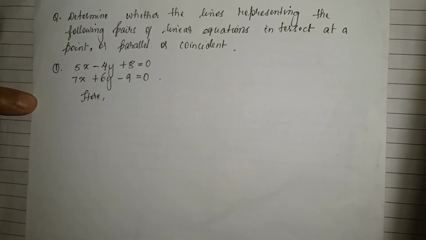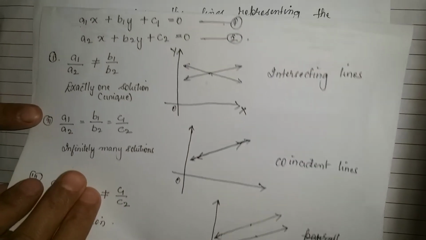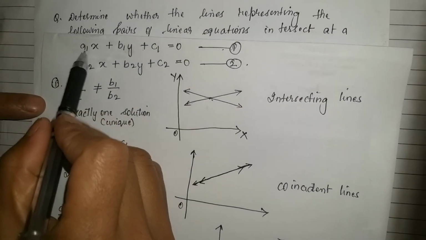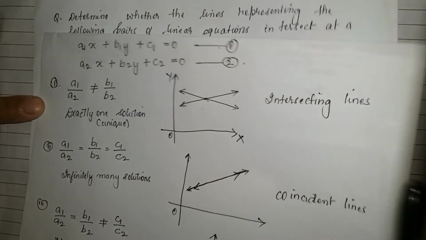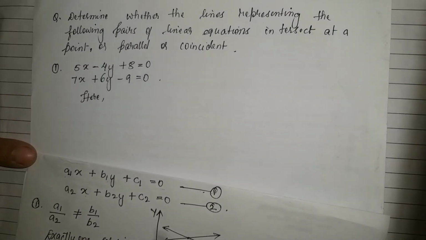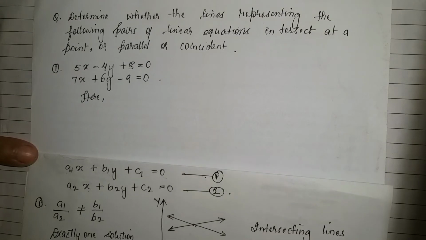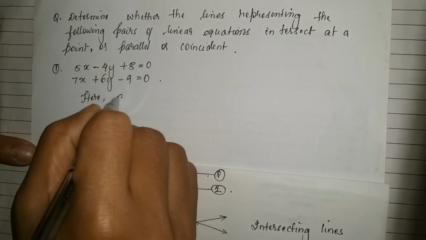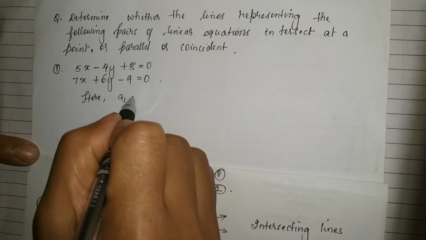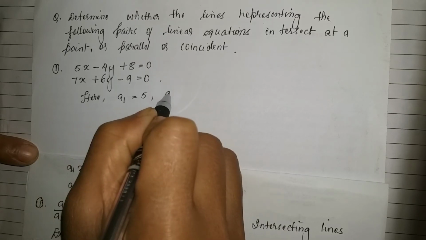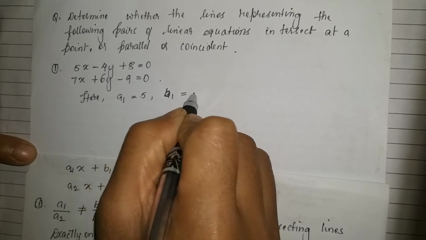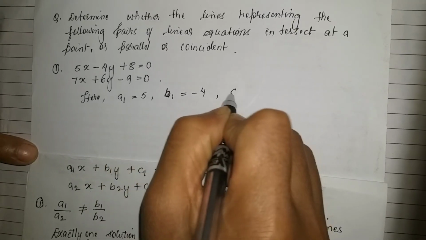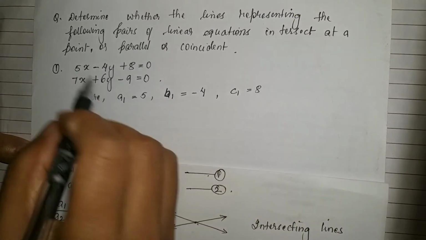Now let us compare with the standard equation. Our a1 is equal to 5, our b1 is equal to minus 4, and our c1 is equal to 8.